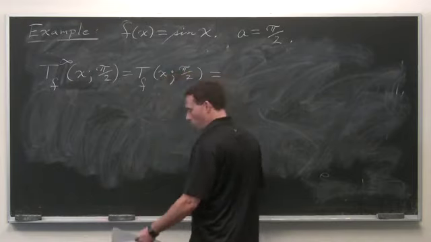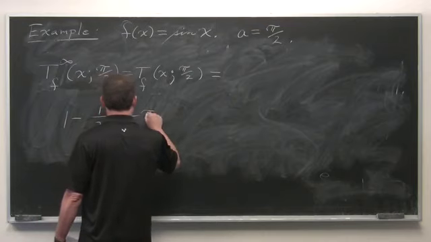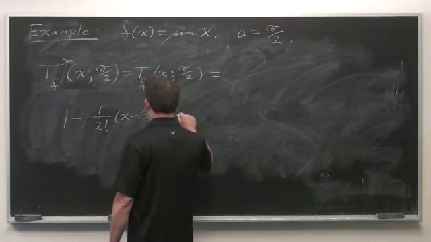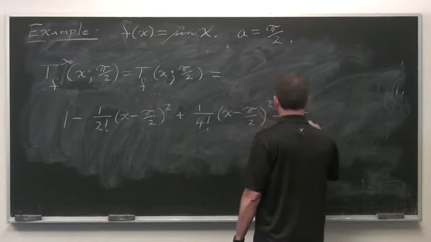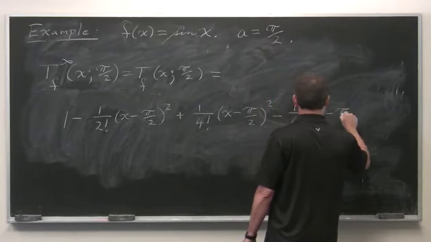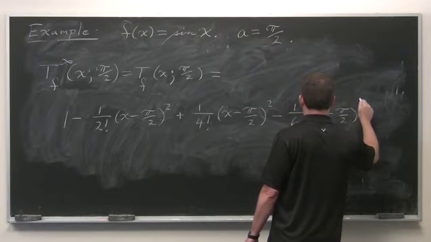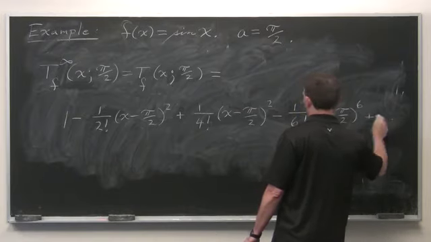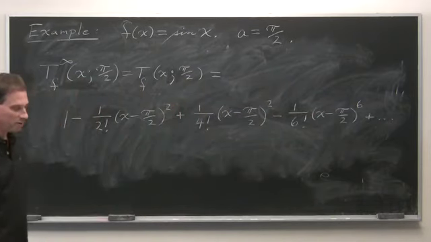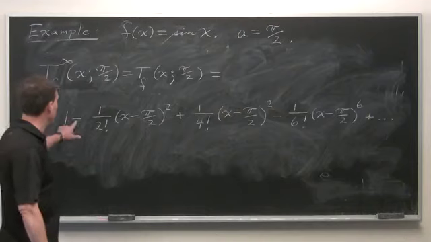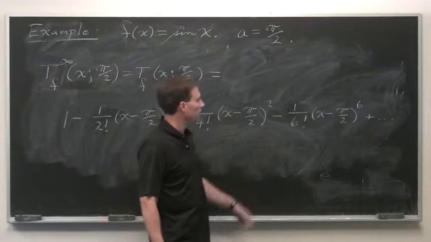What we found last time was we got all of the even powers with an alternating sign, and so on. So you get all of the even powers of x minus pi over 2 divided by the corresponding factorial, but the sign alternates, plus, minus, plus, minus.